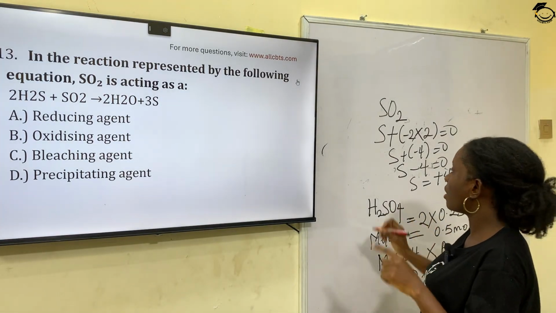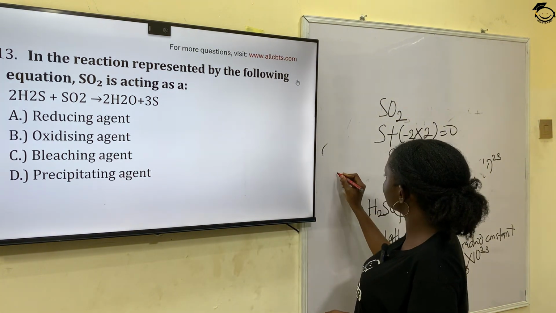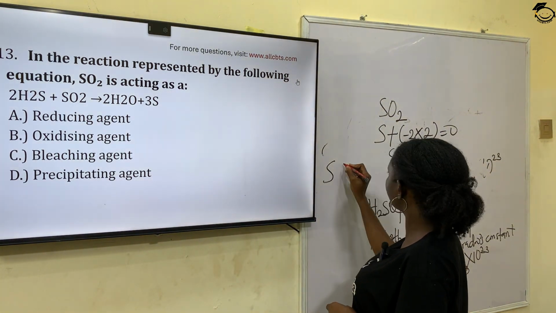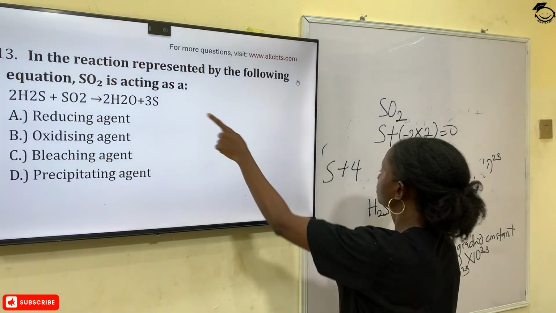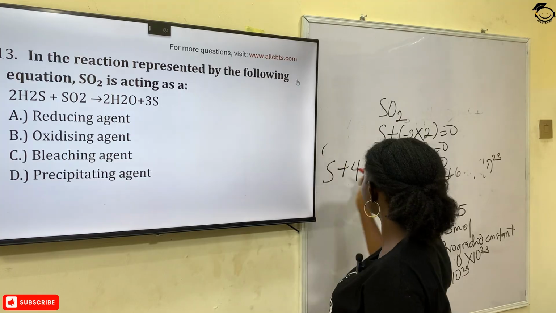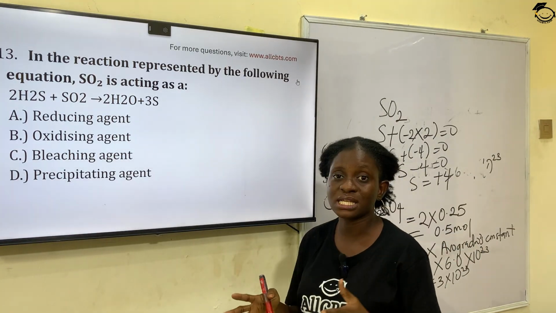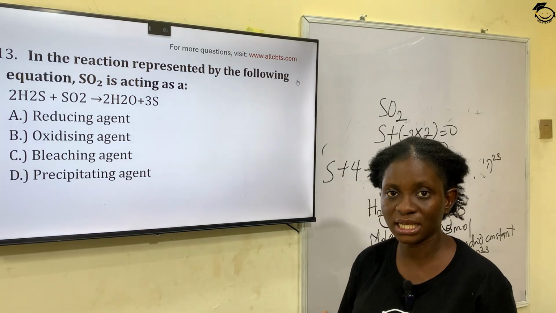That means sulfur here is reduced from plus 4 to 0 here. It doesn't have a charge. It's reduced from plus 4 to 0. That means there's gain of electrons.